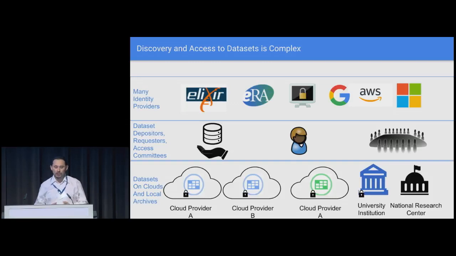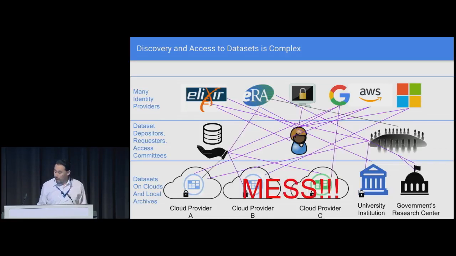We have data repositories, access committees, and the actual researchers that want to access the data. And finally, we have a diverse ecosystem of technical implementations in terms of how various APIs are implemented, whether they're sitting on cloud providers or private clouds and so on. And so it's a bit of a mess and complicated.